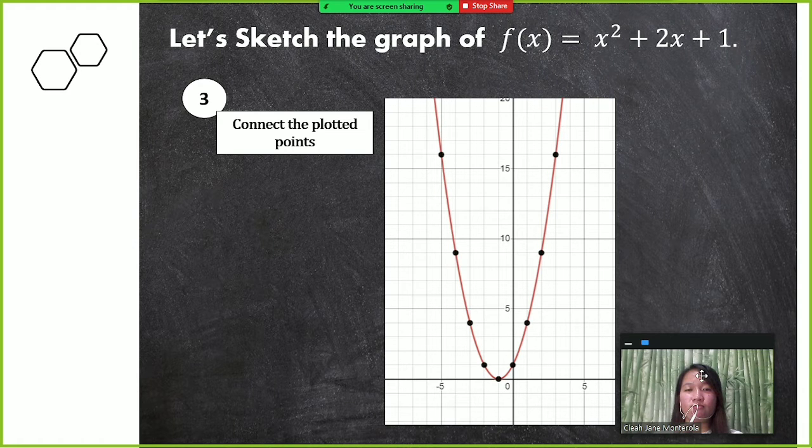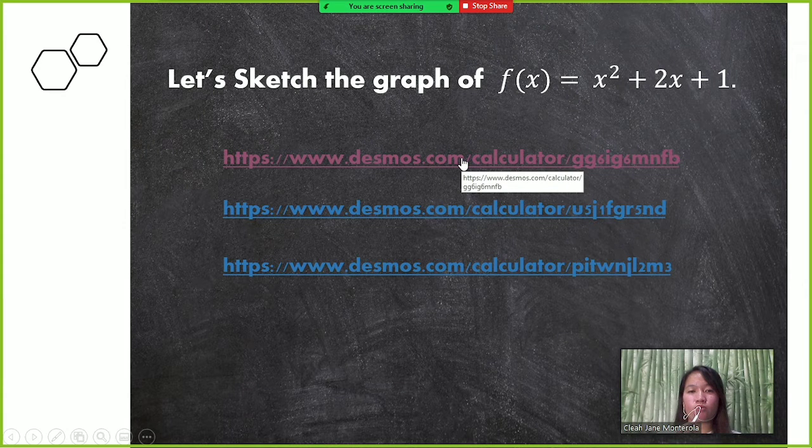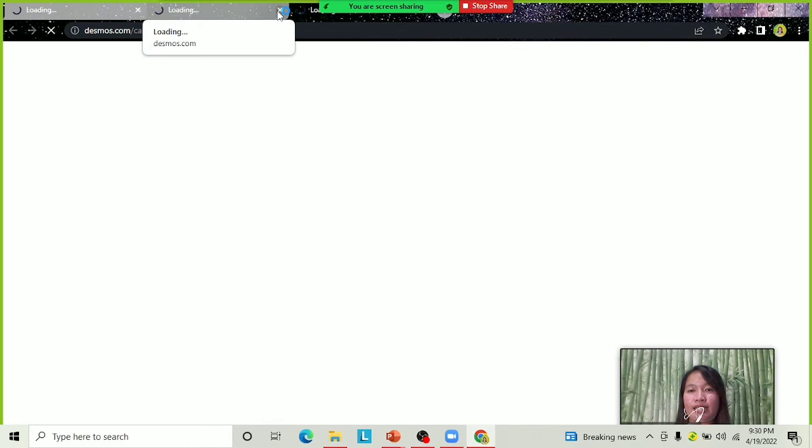I am using the Desmos graphing calculator, and we will try to use Desmos. I have a link here. It is an online graphing calculator.